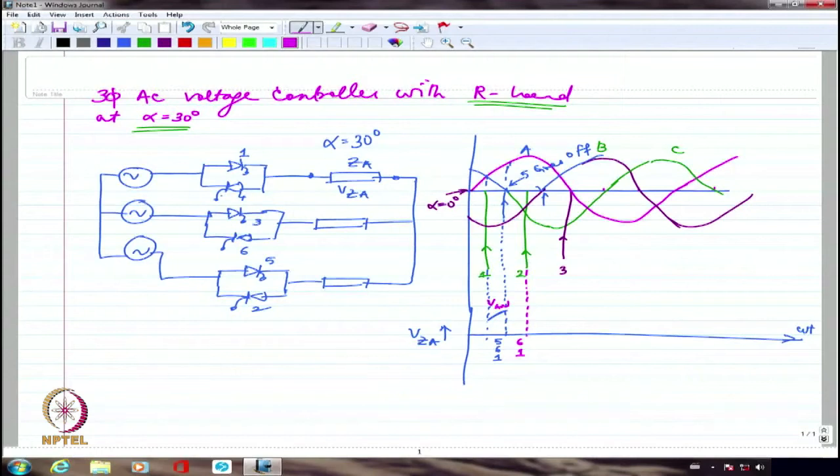Please note, VAB is actually 30 degrees ahead of VA, so it would have almost reached peak even earlier, and would be coming down slightly. I have to look at the difference, but this is going to be VAB by 2, because VAB comes up across these two loads simultaneously, that is ZA and ZB respectively.